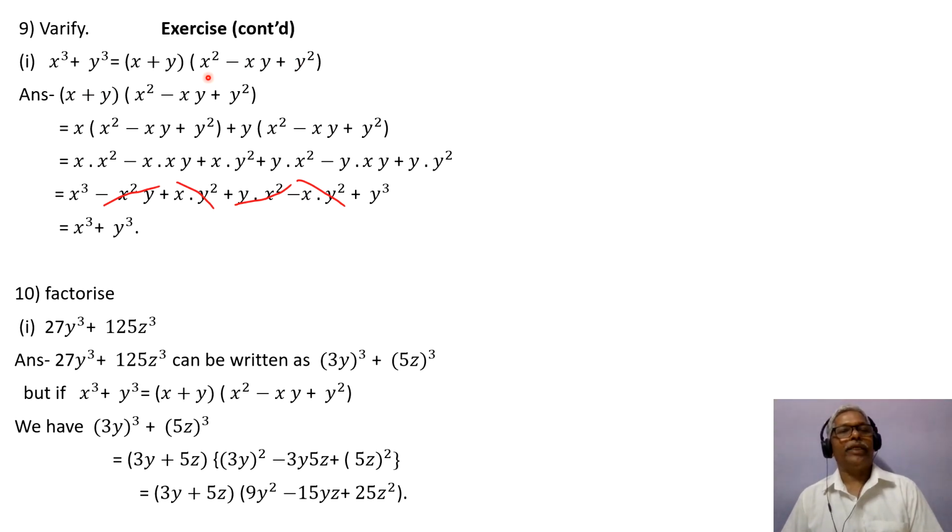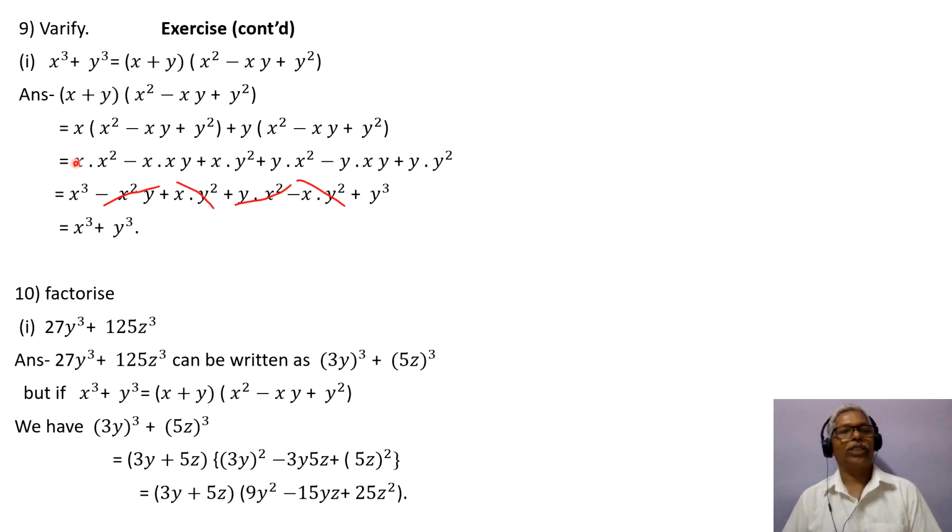So we will take the right hand side. So (x plus y) into (x square minus xy plus y square). Now we will multiply this bracket by x and again by y. So it is here equals x into the whole bracket plus y into the whole bracket.